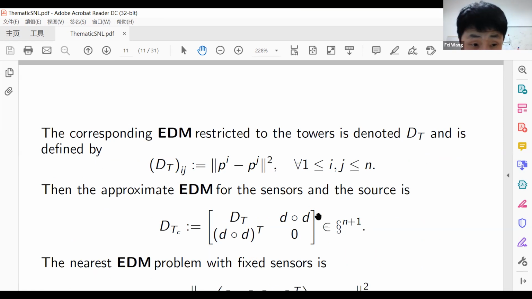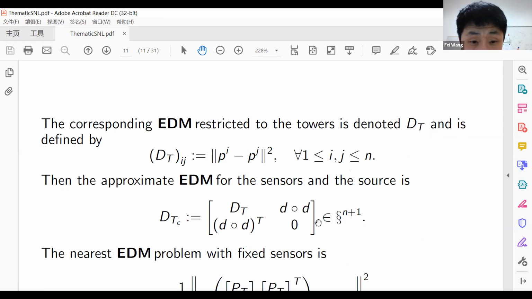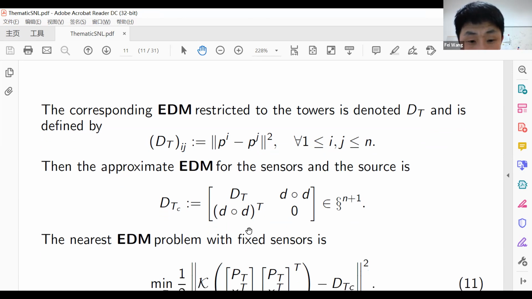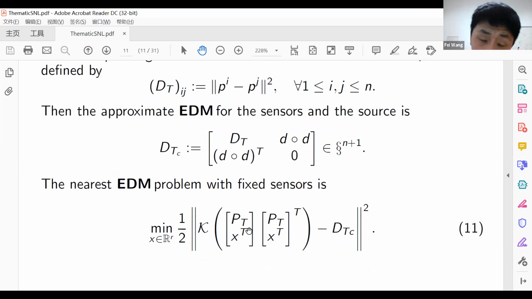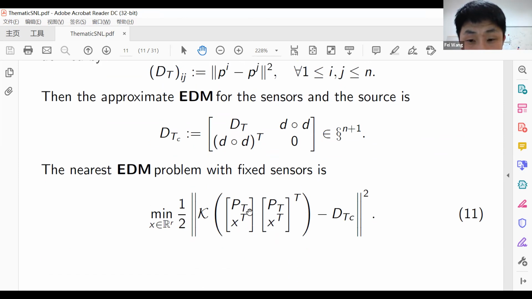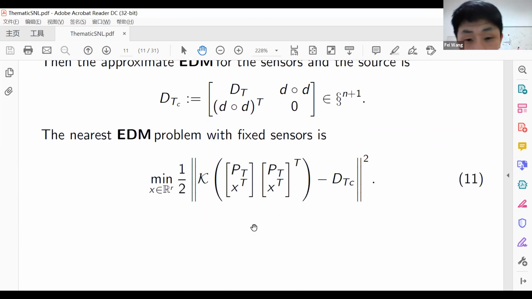The approximate EDM for sensors and the source is DTC. Here D Hadamard D is the contaminated distances. So the nearest EDM problem with fixed sensors is the following. We minimize this problem, and this is the EDM with fixed sensors.